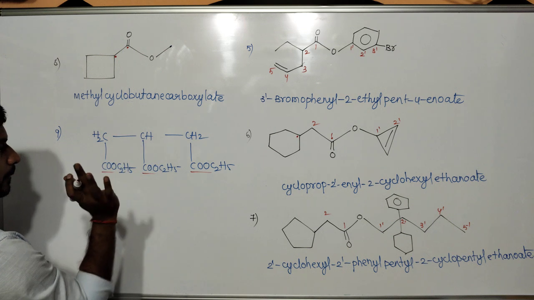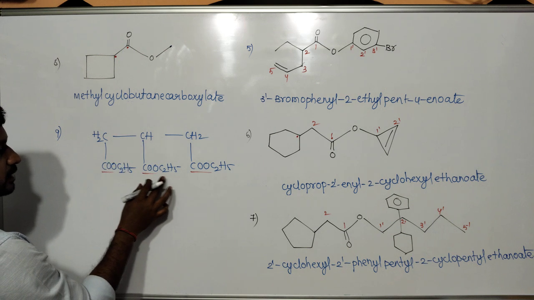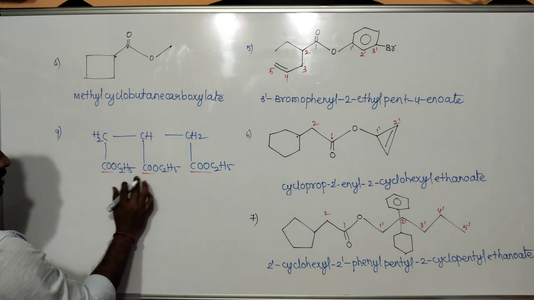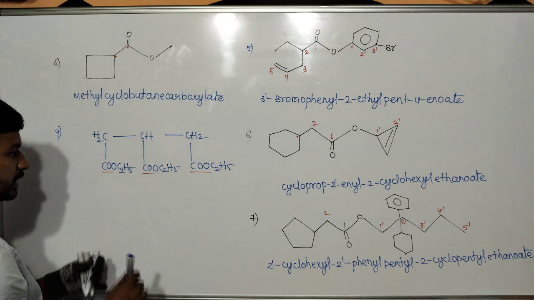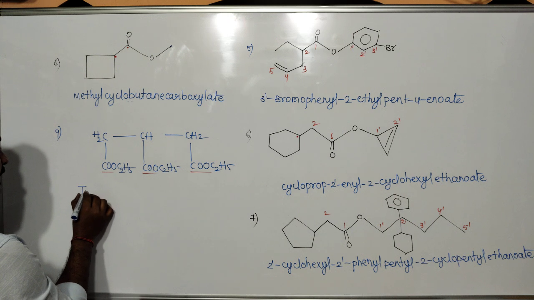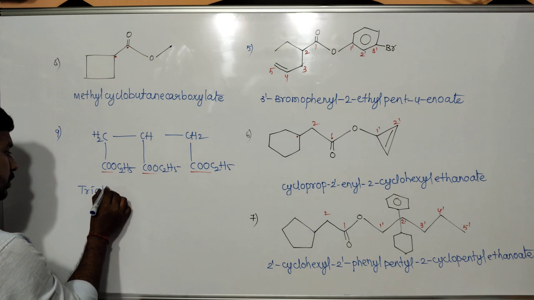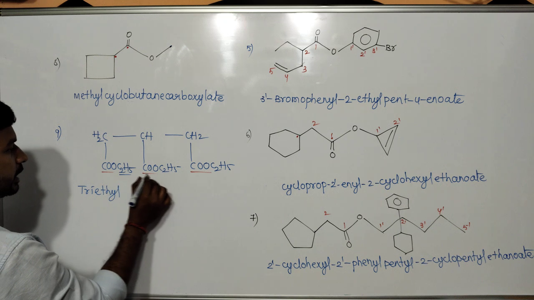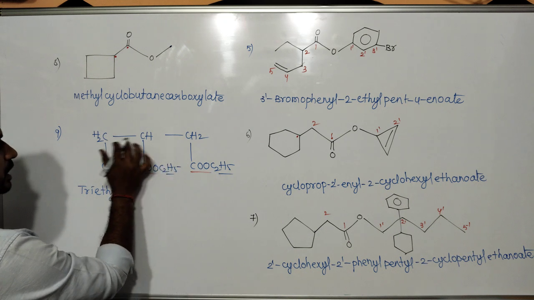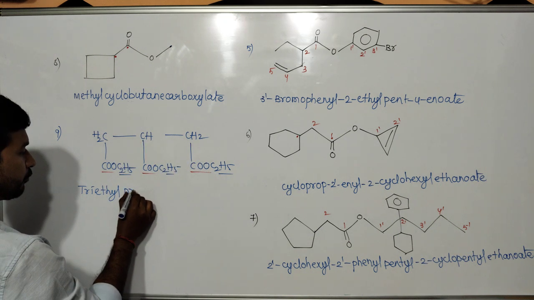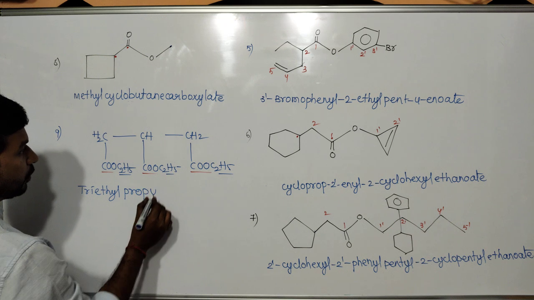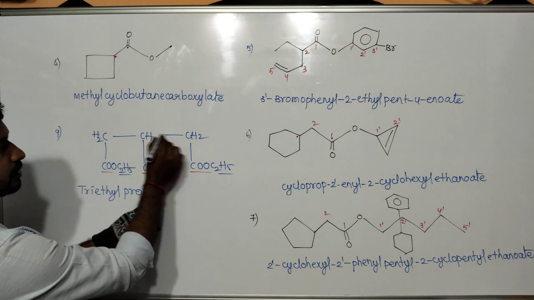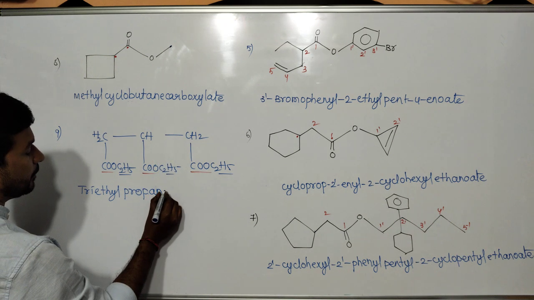This is propane. Then write these are carboxylates. The substituent name is ethyl. The ethyl group appears 3 times, so triethyl. Then write prop, with single bonds between carbon atoms, so ane, propane.